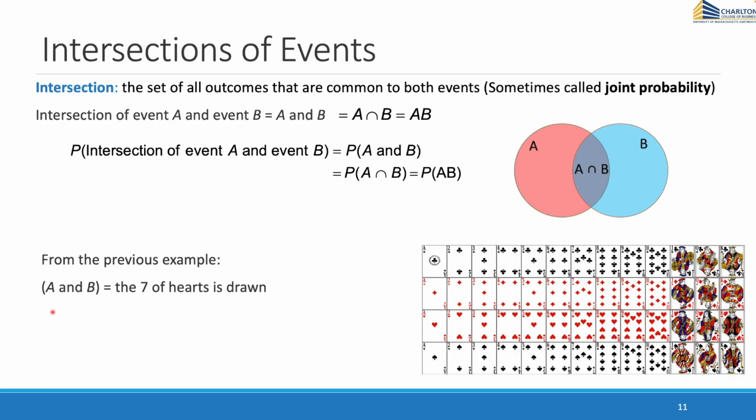From the previous example, the probability that a 7 is drawn and that 7 is also a heart is only this card, so it is 1 out of 52. That's called the joint probability for 7 and being a heart card.